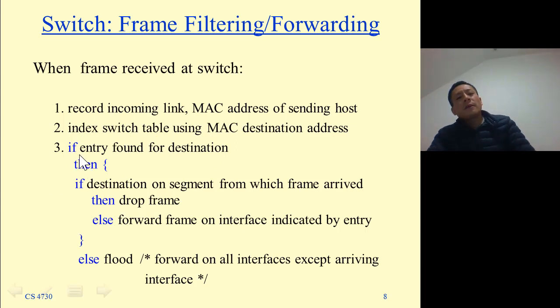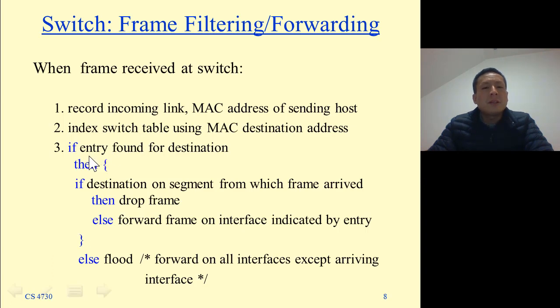Supposedly, it will look into the switch table and find that there is an existing entry for the destination MAC address. It means that previously it has sent out something, right? Then you do not have to recreate this entry.